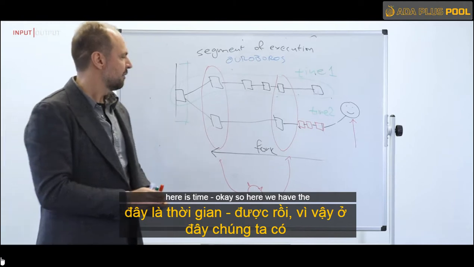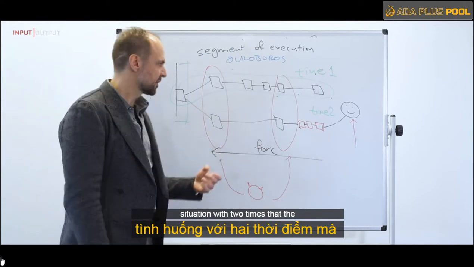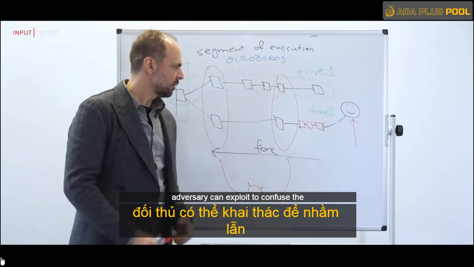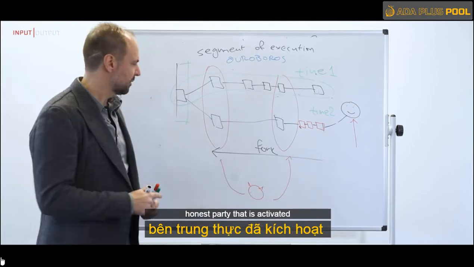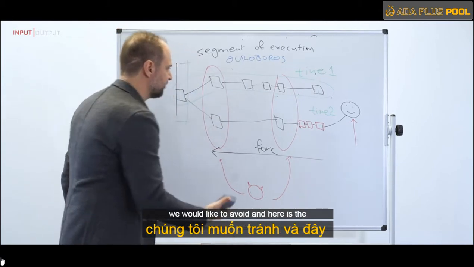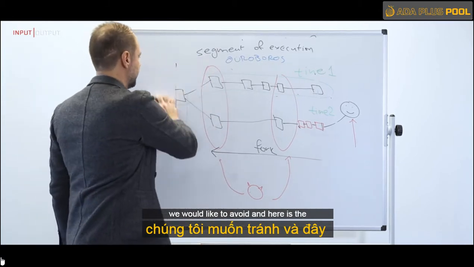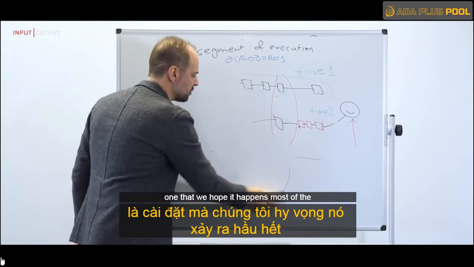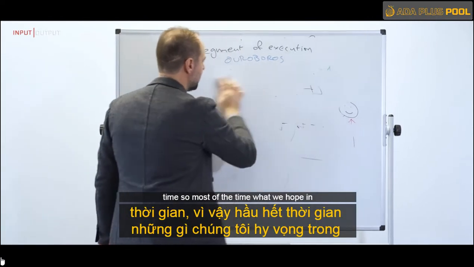Here we have the situation with 2 tines that the adversary can exploit to confuse the honest party that is activated and runs the protocol. This is the setting that we would like to avoid, and here is the one that we hope happens most of the time.